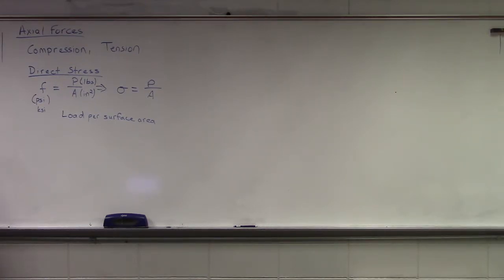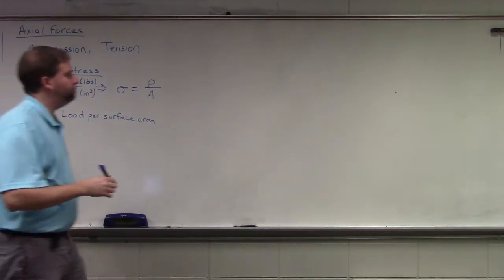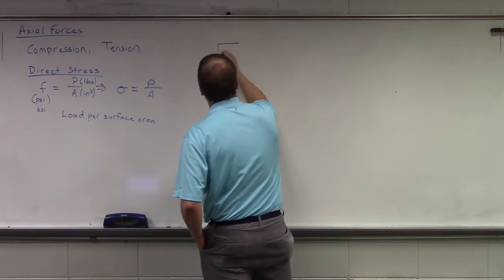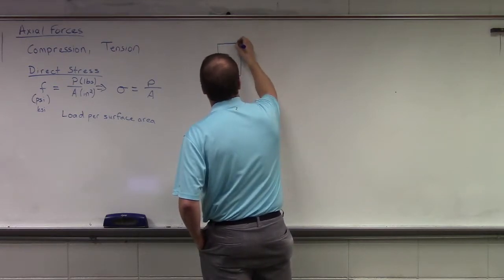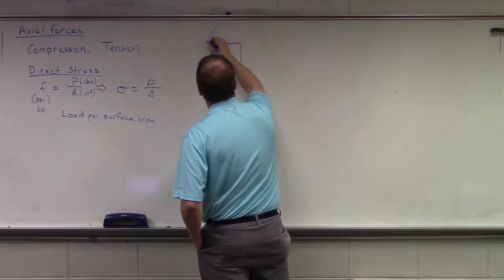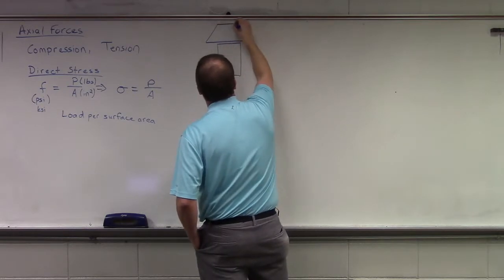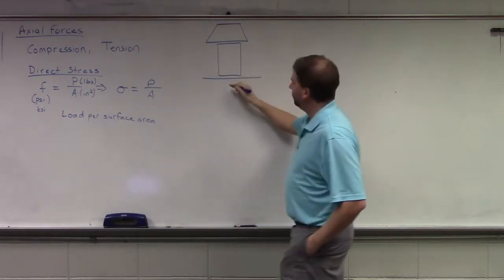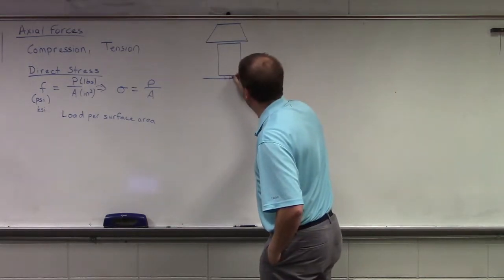So what are some ways we may model this? The example they give is a square wooden block supporting a steel member, and our wooden block is in direct contact with the soil.